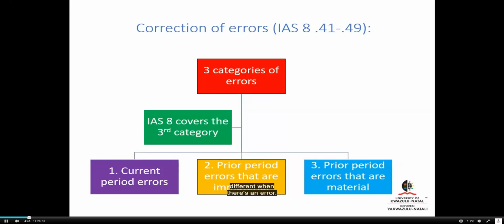When there's an error, there may be an instance where it can be adjusted in the year in which it has occurred. So we said there are three categories. The first is errors that are only adjusted in the current period because they are current period errors. Then there are errors that are immaterial but occurred in the prior period. And then there are errors that are material, and if they are material, they have to be adjusted in the period in which they occurred.